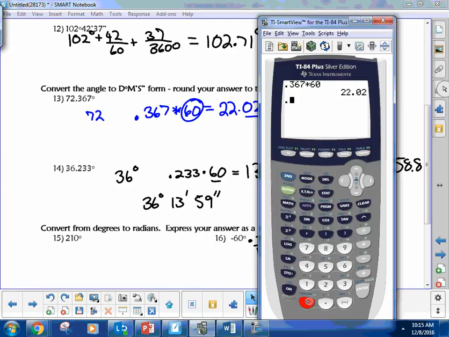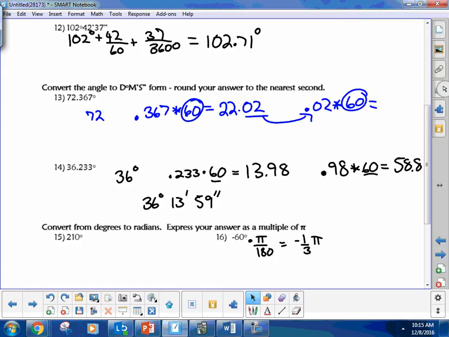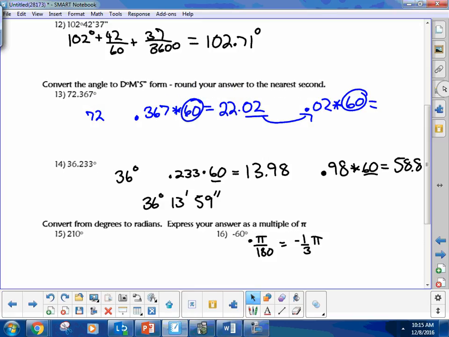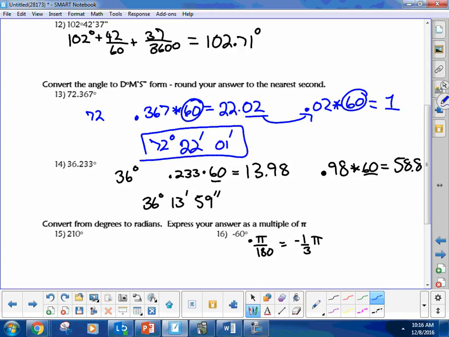So 0.02 times 60, 1.2. So we round to 1 second. So this is what you write down: 72 degrees and 22 minutes, 1 second. And that's the solution to that problem.